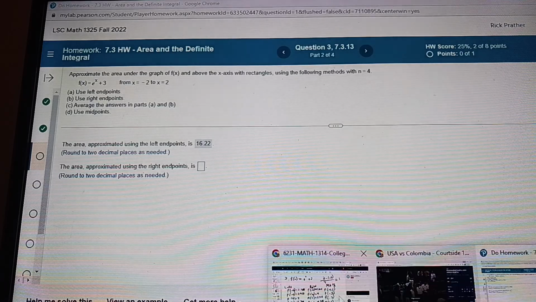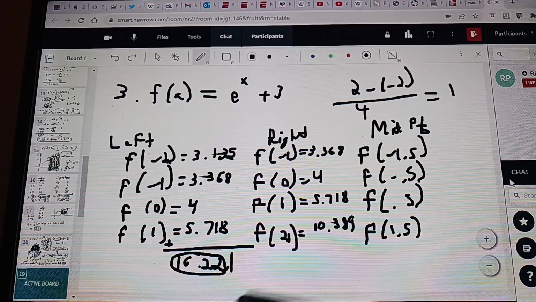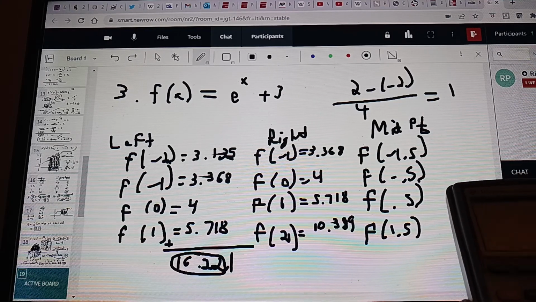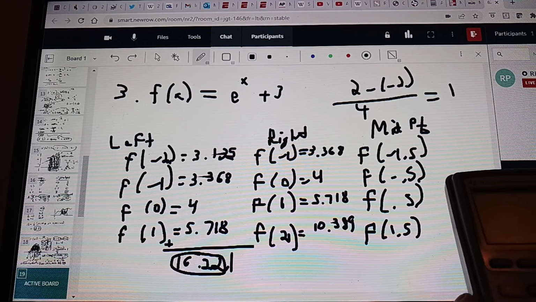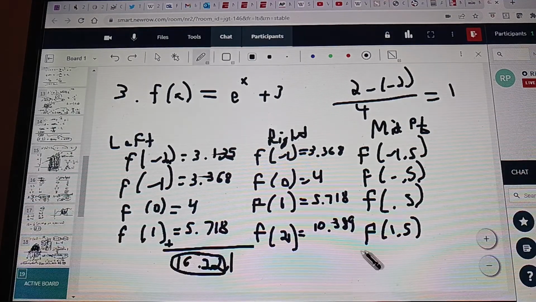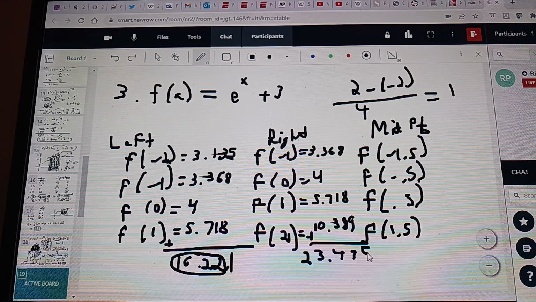Then the right endpoint estimation will be these four numbers added together. 3.368 plus 4 plus 5.718 plus 10.389 is 23.475. So I'll bump that up to 23.48.